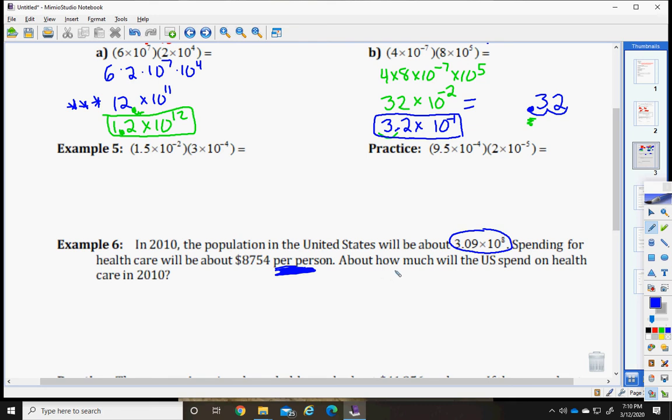So when they ask about how much will the United States spend on healthcare in 2010, it means I have to do 8,754 times 3.09 times 10 to the 8th power. So I would multiply these two numbers, and you can use a calculator.